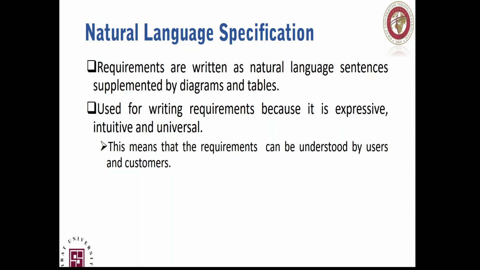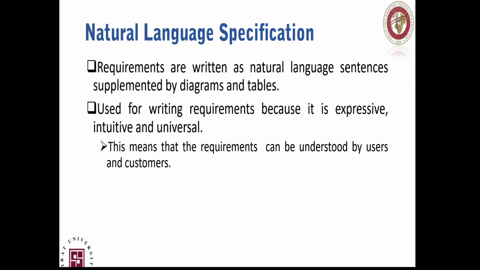So why do we need to use such a language, or what kind of reason encourages us to use such a representation for the requirements document, or the specification document in this case? Because it is expressive.